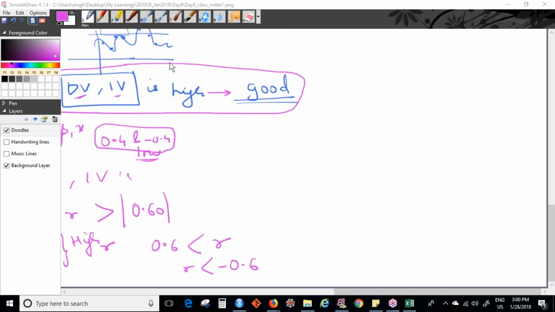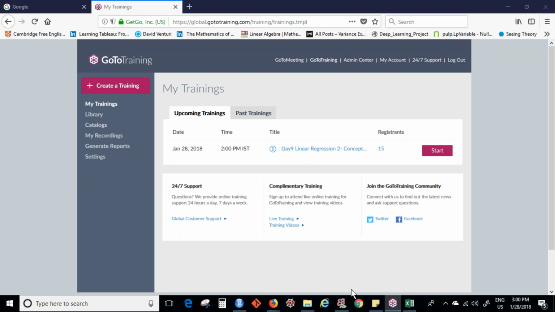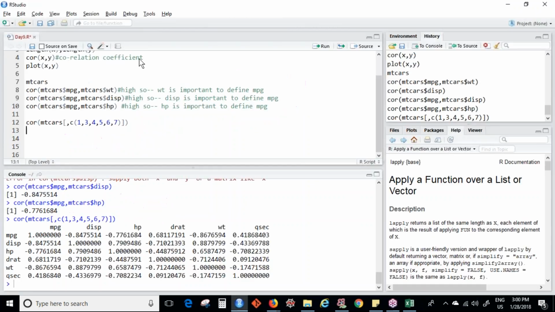Now let us go to the output of linear regression and study the things that we left yesterday. So we got so many other things also as output. Let us study those now.